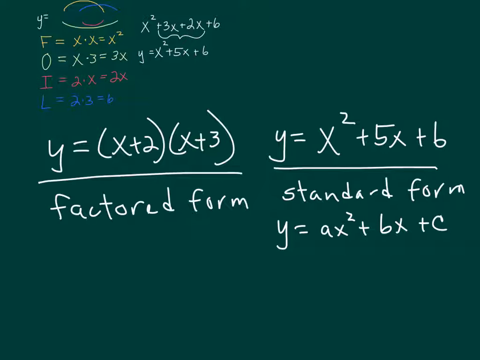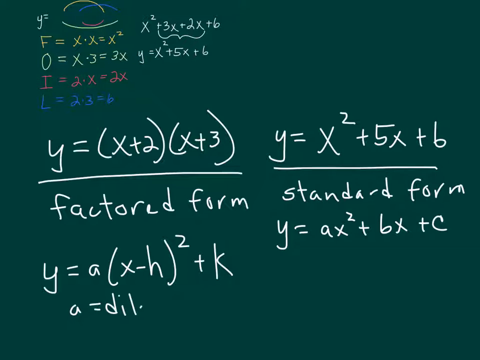Okay, so we have those forms, and previously we had learned the vertex form, which was y equals a times (x minus h) squared plus k, where a is the dilation and (h, k) is the vertex. Okay, so all of these things should be in your notes because we're going to reference them regularly.